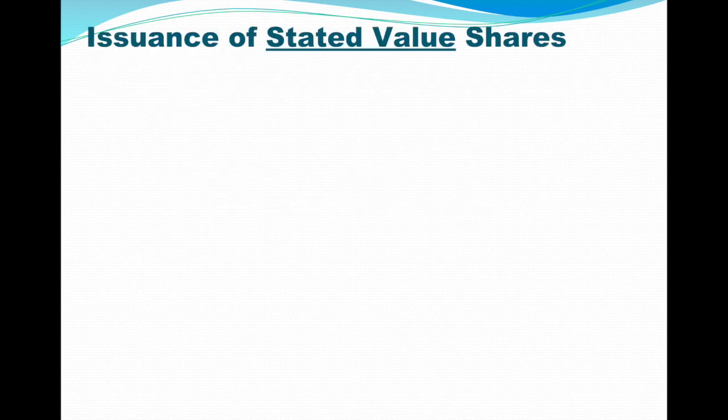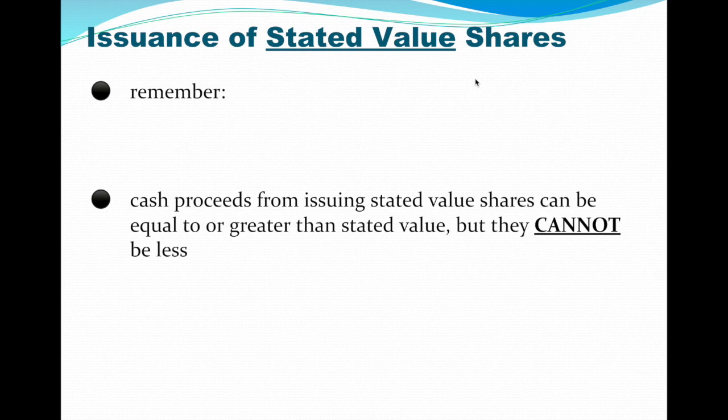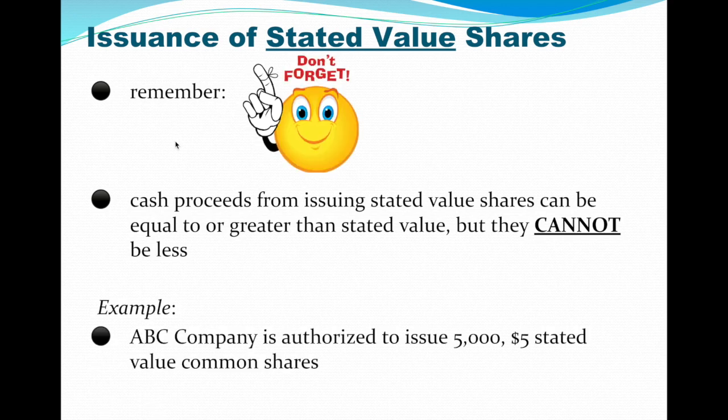So par value shares are pretty straightforward. Stated value shares are a little more interesting. Their name is the biggest clue as to what the difference is. So as far as stated value shares go, cash proceeds from issuing stated value shares can be equal or greater to the stated value.